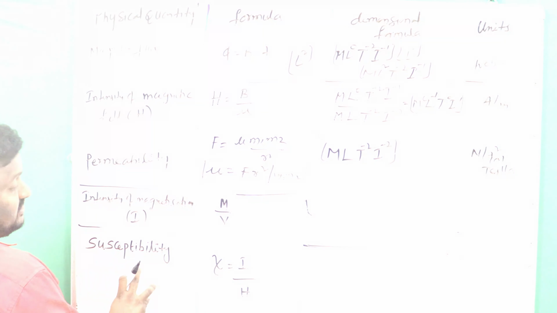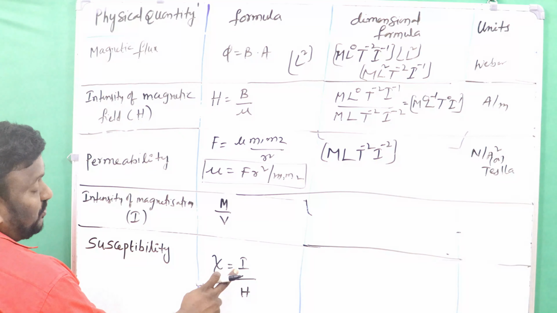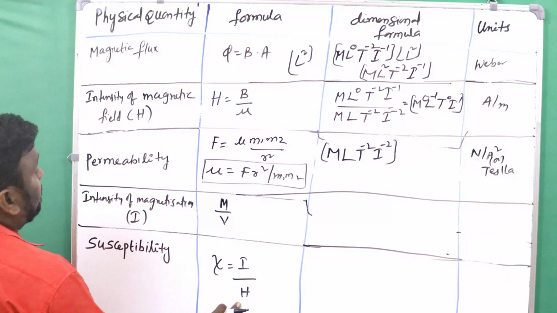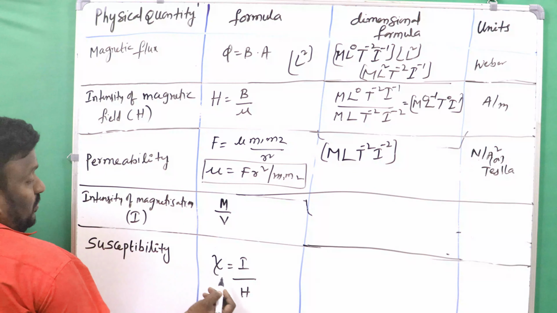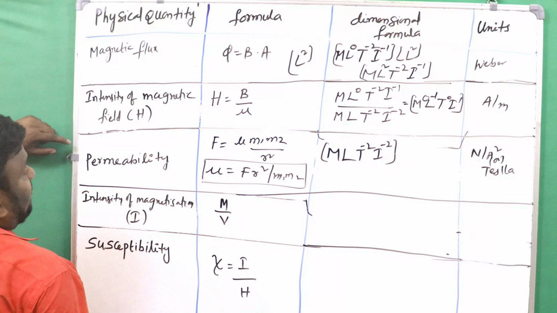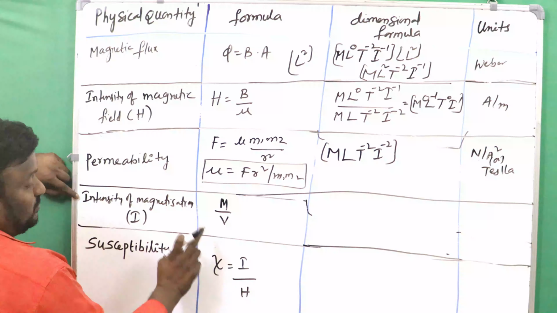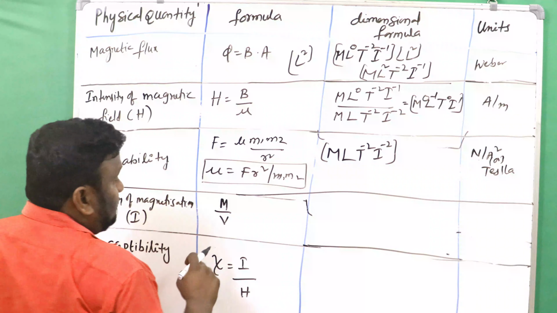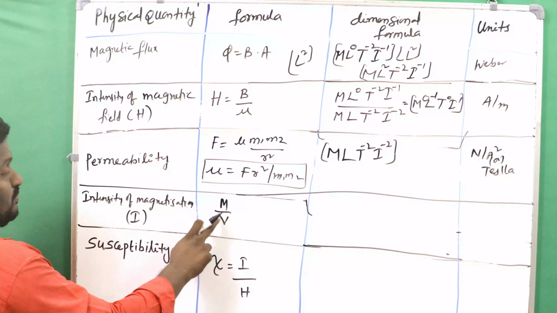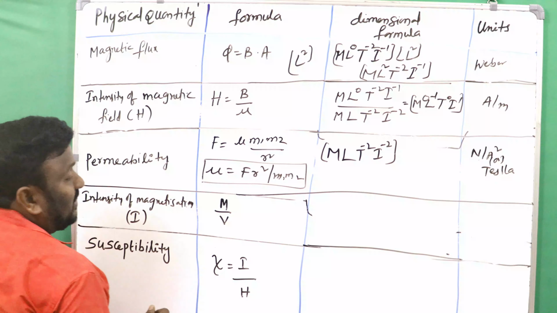Susceptibility is the ratio of intensity of magnetization to the intensity of the magnetic field, that is I by H. What is I here? Intensity of magnetization. What is H here? Intensity of magnetic field. Already we discussed that magnetic moment per volume is what we call intensity of magnetization.